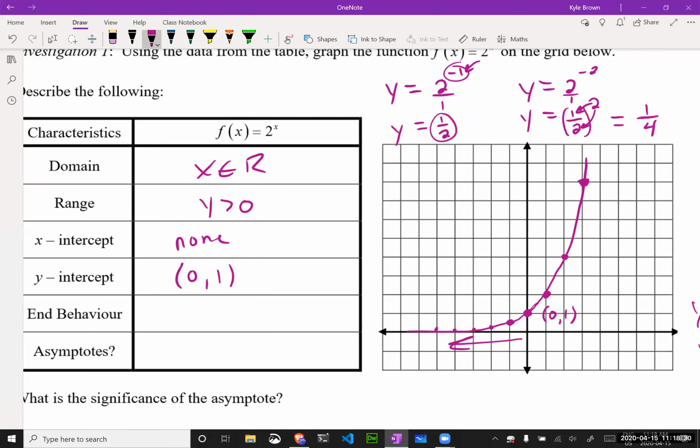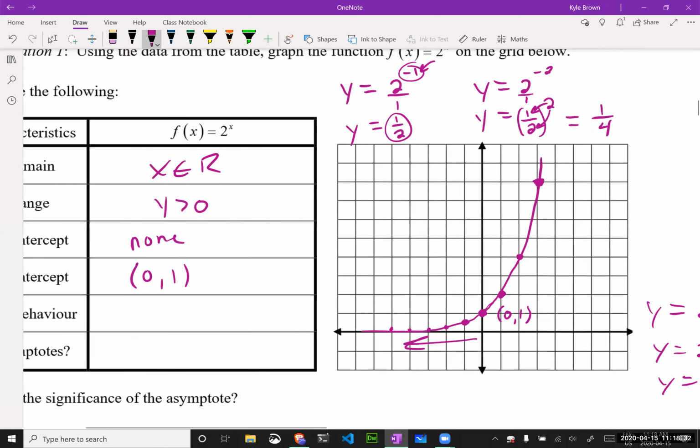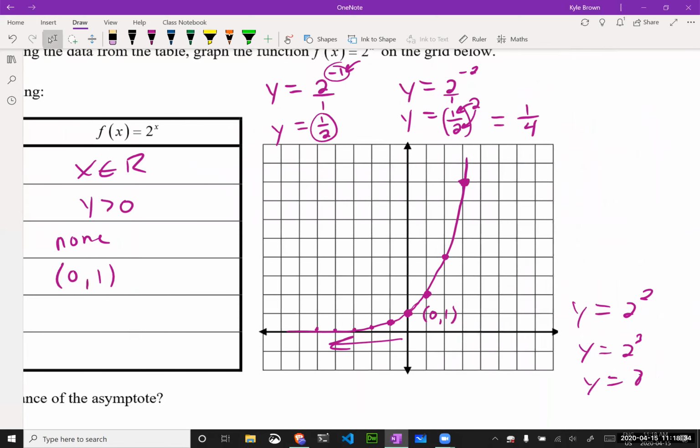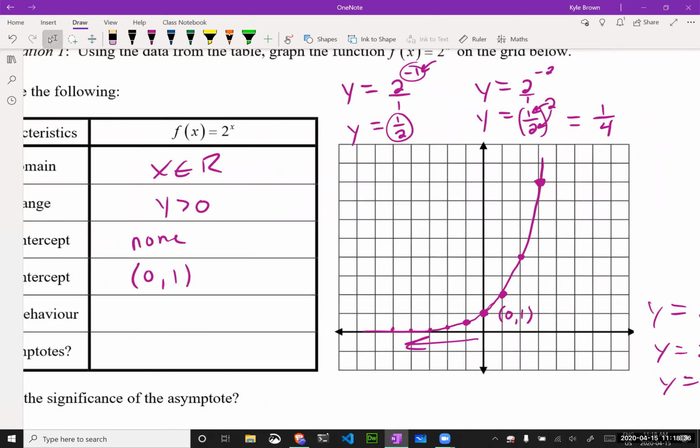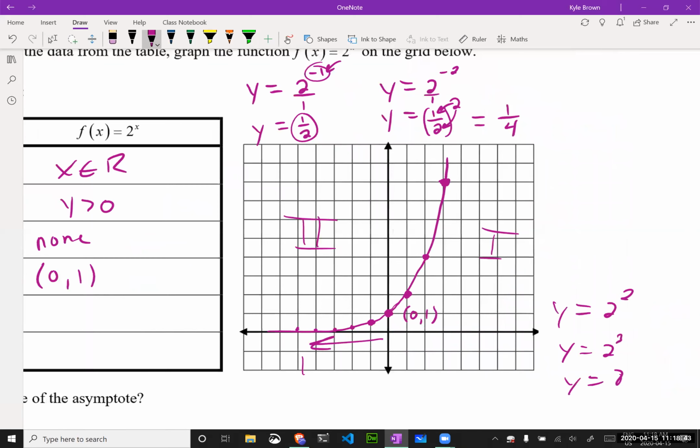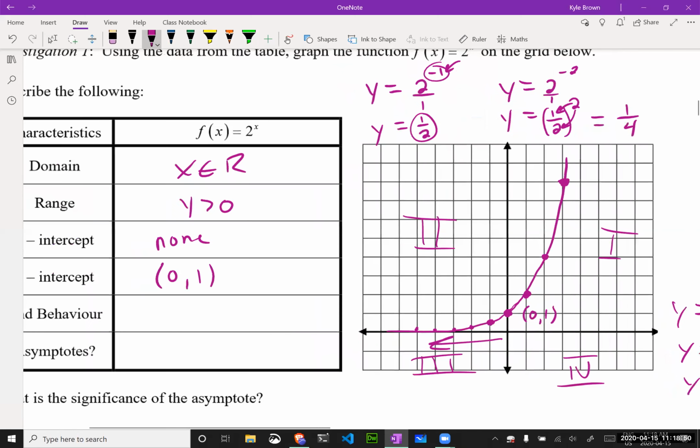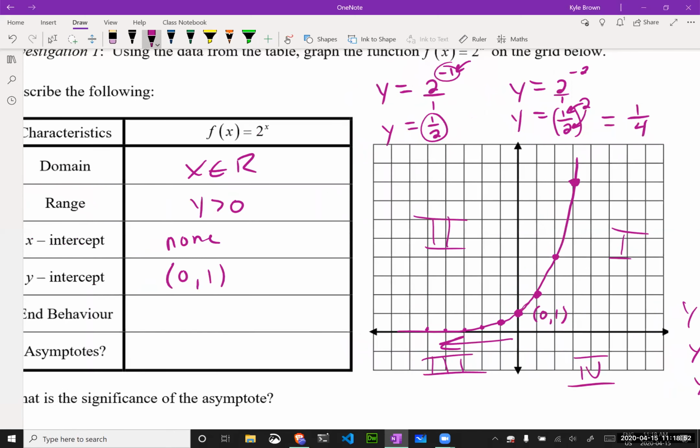And then the end behavior, it's written different ways. You'll see different textbooks and different teachers say it differently. But really the idea here is that in quadrant 2, if you remember your quadrants, this one's quadrant 1, quadrant 2, quadrant 3, and then quadrant 4, you could say low in Q2 and high in Q1.